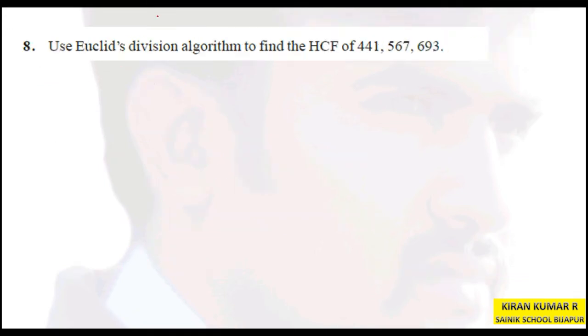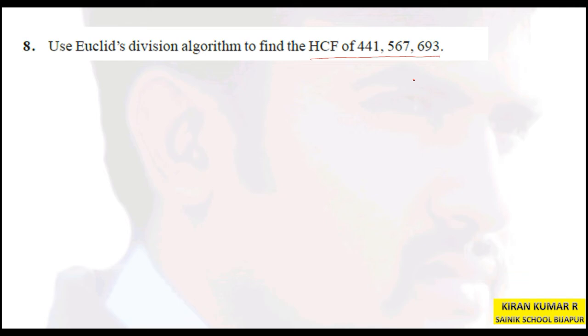Next question. Use Euclid's division algorithm to find the highest common factor of 441, 567 and 693. In class 6, you have done a similar type of question using the division method, if you remember. What did we do?